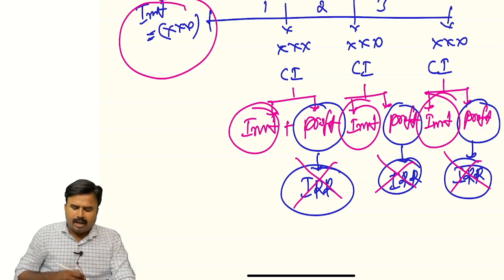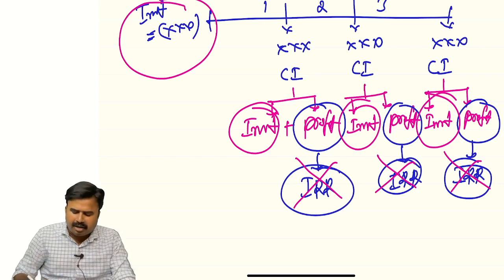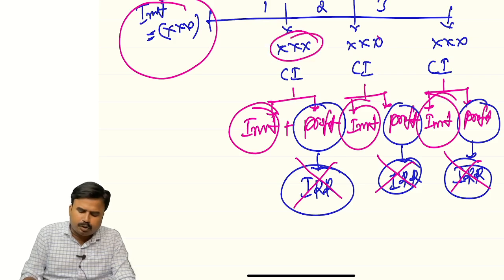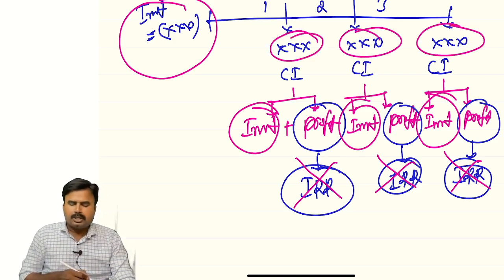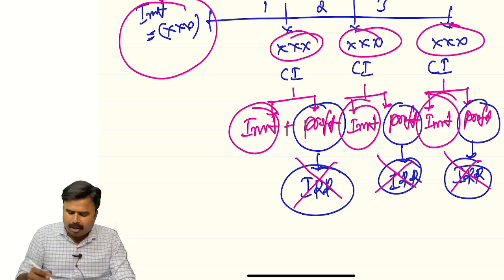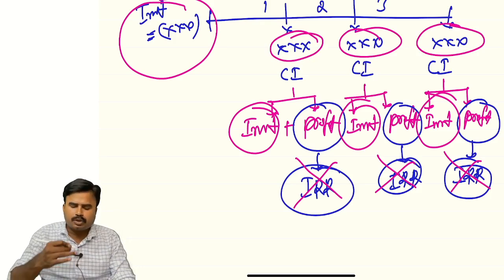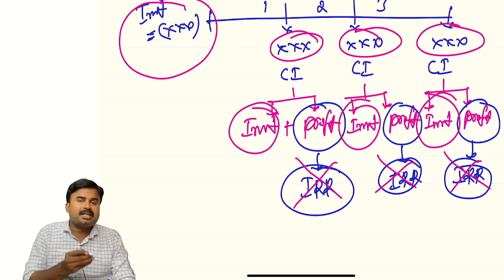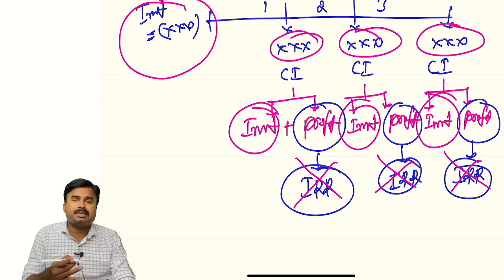Why? Because if I can remove the internal rate of return from the future cash inflows through discounting, then the present value of cash inflows must represent my investment.